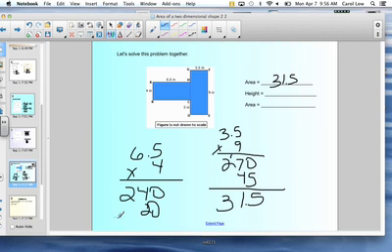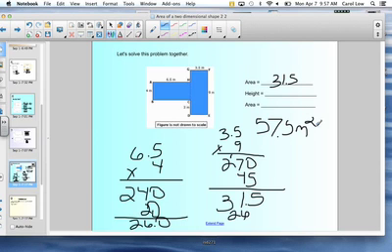So it would be 26.0. Okay, so if I added them up together, 26 plus 31.5, whoopsie, I would get 57.5 meters squared.